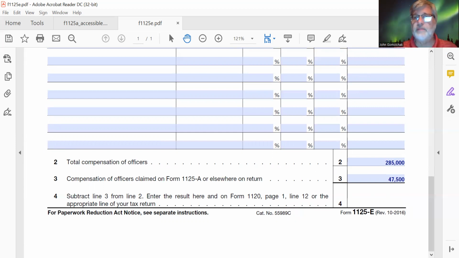Calculator, get the calculator up. 285,000 minus 47,500 equals 237,500. All right, let me get that in. Stop share and then reshare.